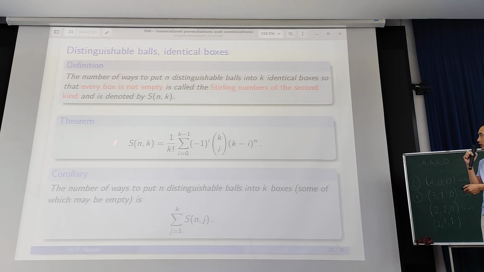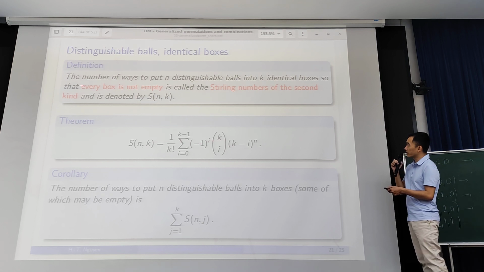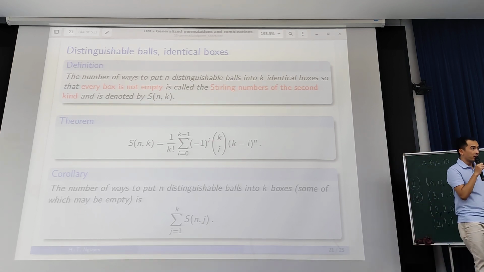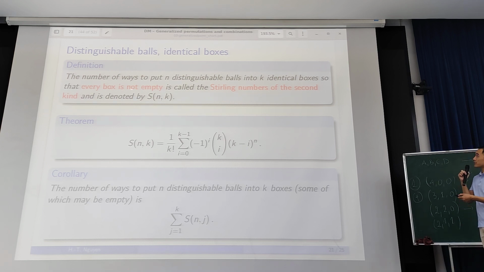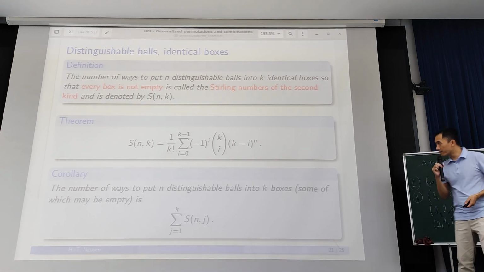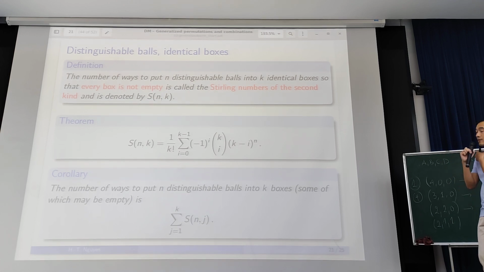Once we have this formula, we can generalize to the case where there may be empty boxes. If the boxes may be empty, but we know that there are k boxes, then the number of non-empty boxes can be any number from 1 to k.